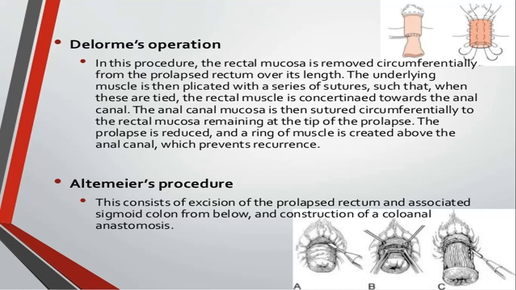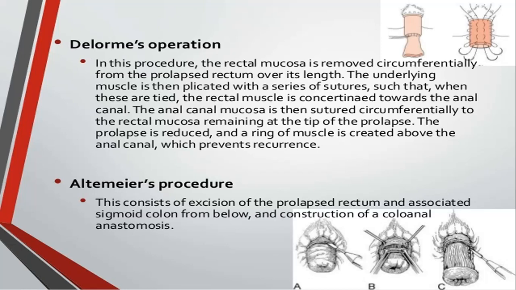We then plicated, like we are going to fold it, like folding paper. You can see there's a folding of the paper. This is called plication. So the muscle is plicated with a series of sutures such that these are tied. We started the plication and applied the sutures over that area.